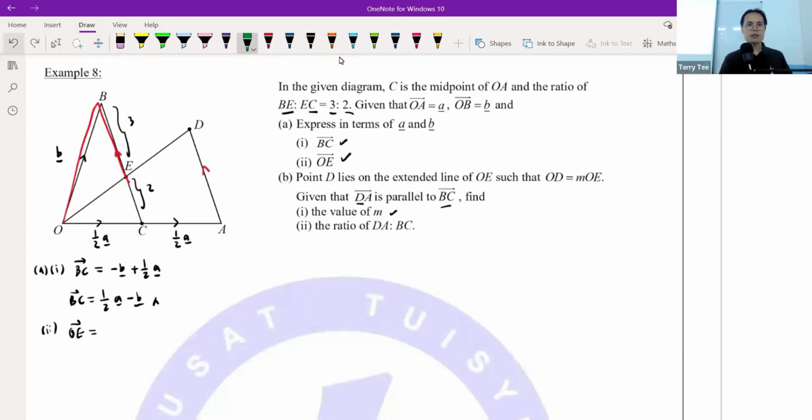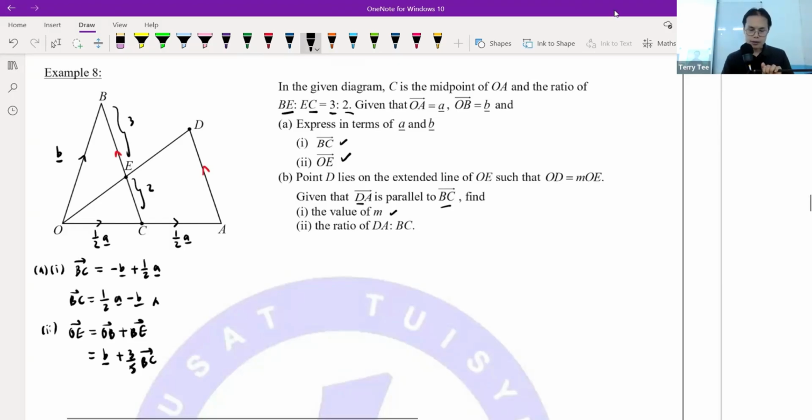But for me, I like to use the result from part a. In part a, I know BC already, is going in the same direction. So we should use O to B plus B to E. O to B is b. B to E is 3/5 BC.